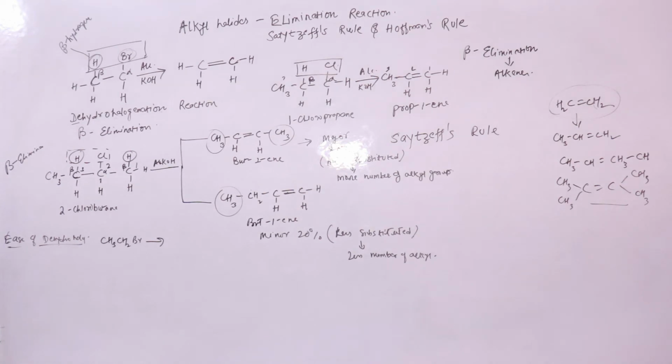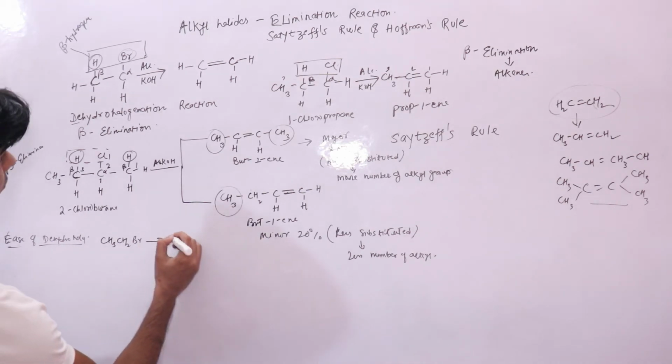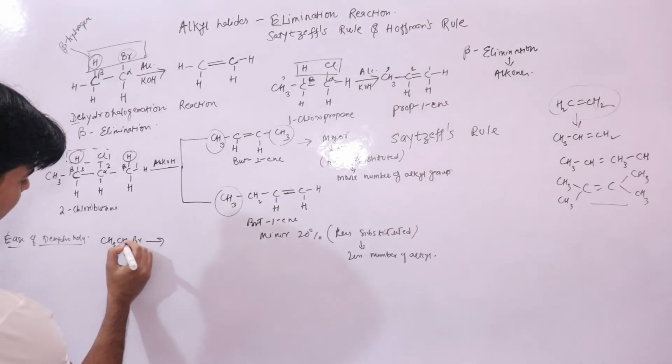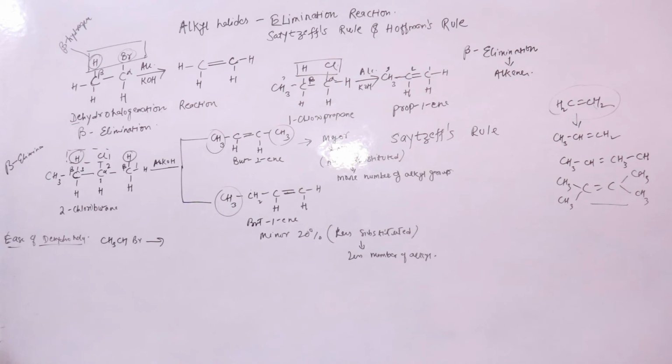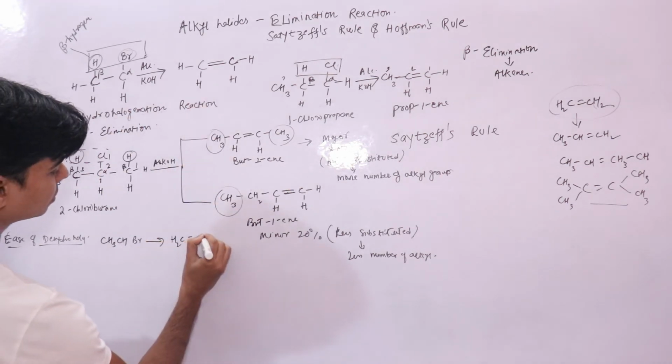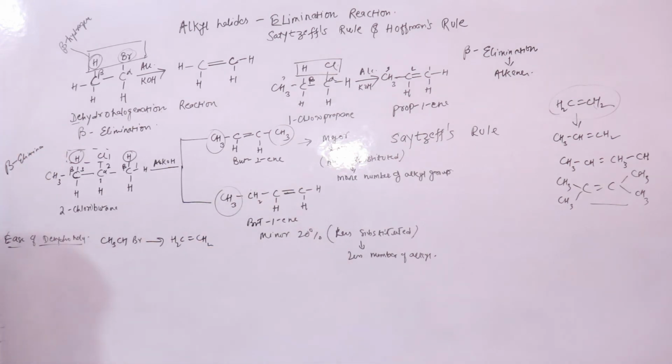This compound is your bromoethane, in the presence of alcoholic KOH, it will form this product, right? One hydrogen would be eliminated from here, and one from here.